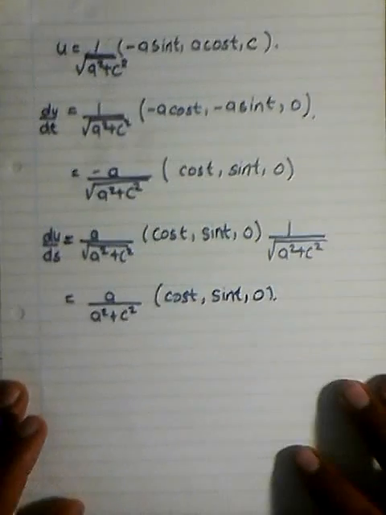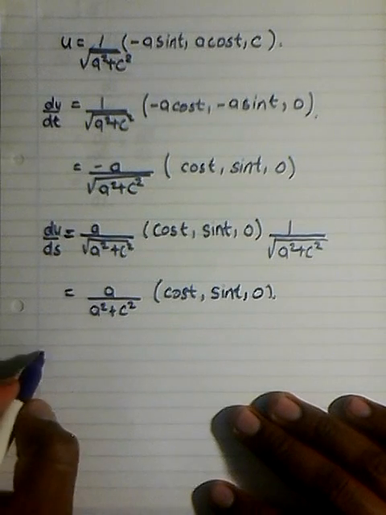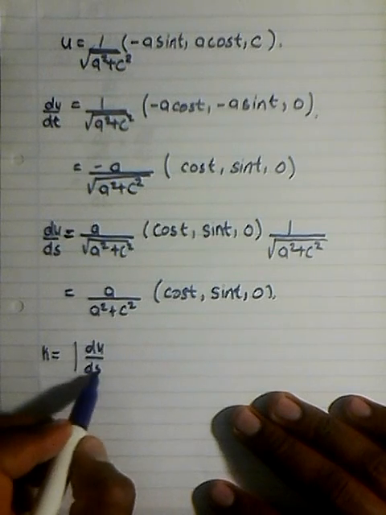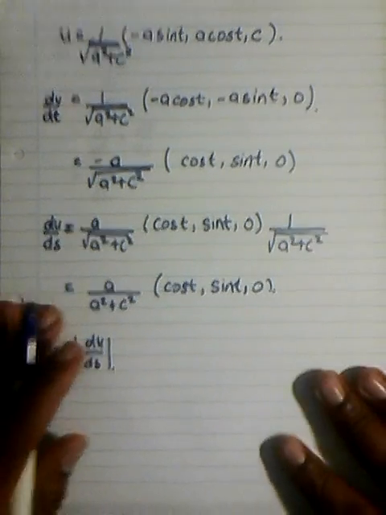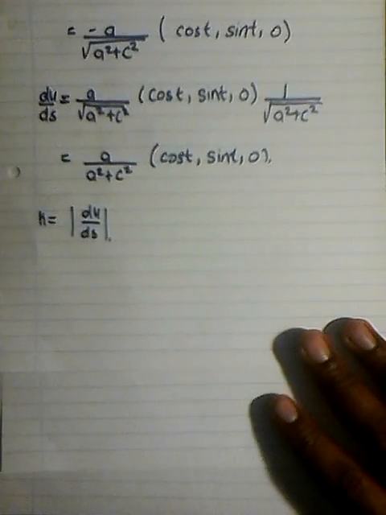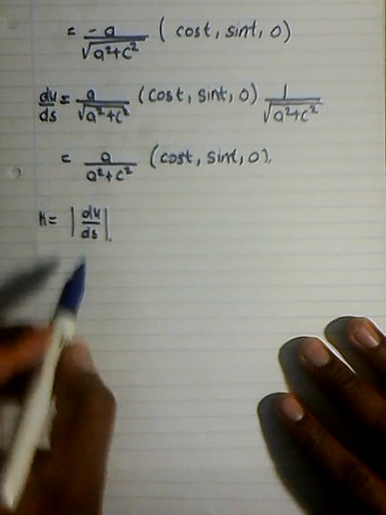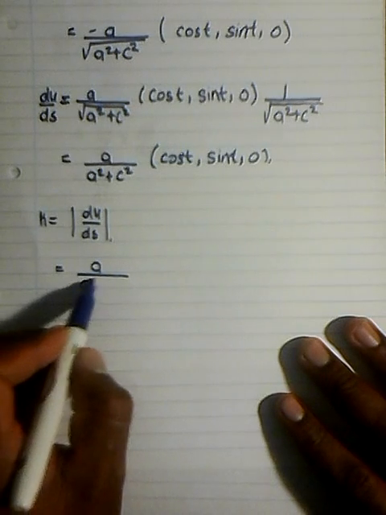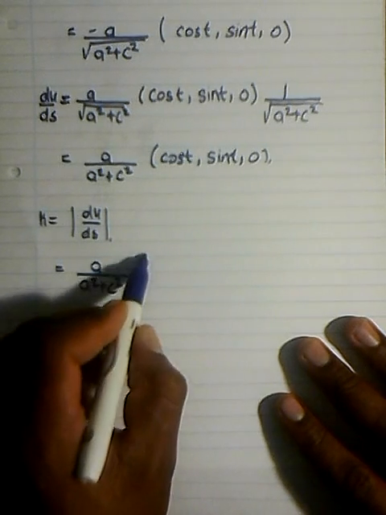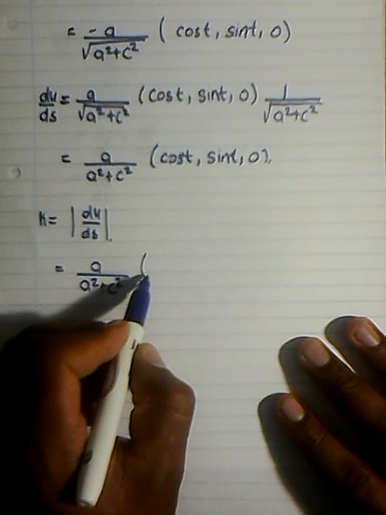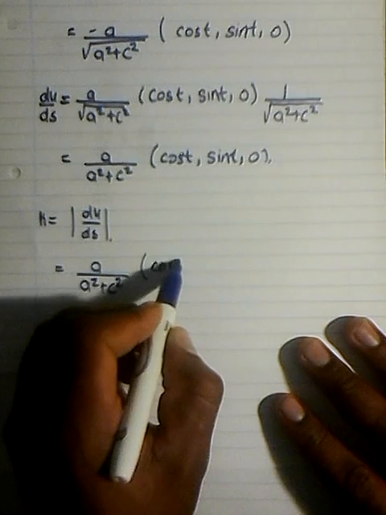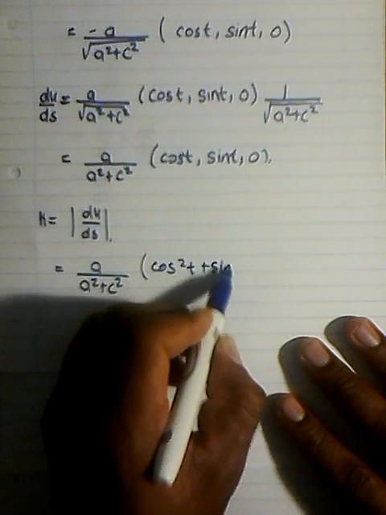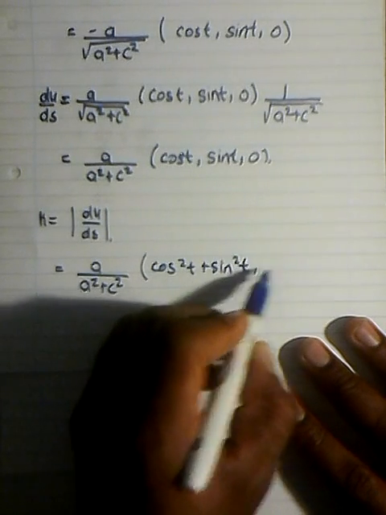Then k is equal to the magnitude of du ds. These are constants, so they stay as a over a squared plus c squared, and in here we have cos squared t plus sine squared t, and 0.